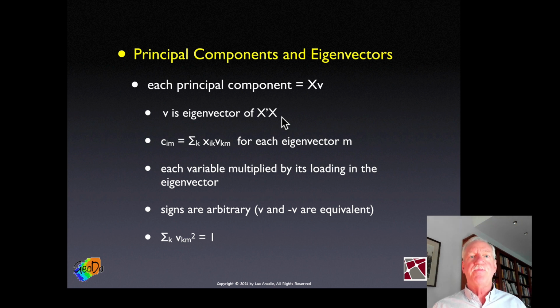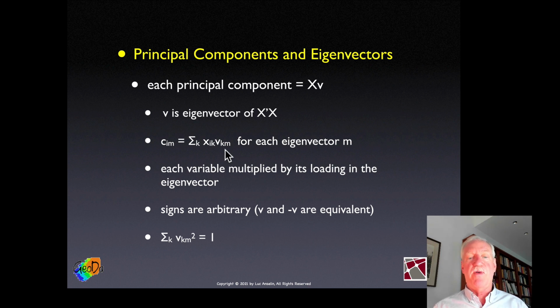So we're trying to explain as much of the variance as possible, so we're going to take the eigenvector with the largest eigenvalue first. We multiply each of the original variables, which is a column in X, with the corresponding value in the eigenvector, and that gives us this new variable, so to speak, the principal component, C, as the weighted average of the original variables weighted by the element of the eigenvector.